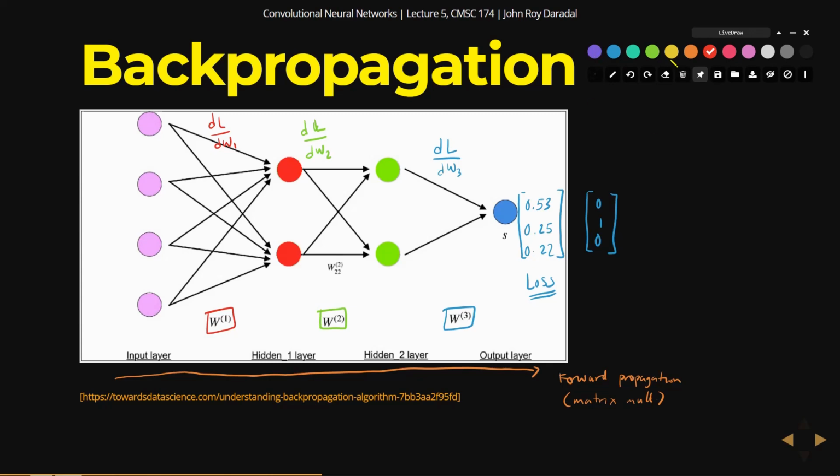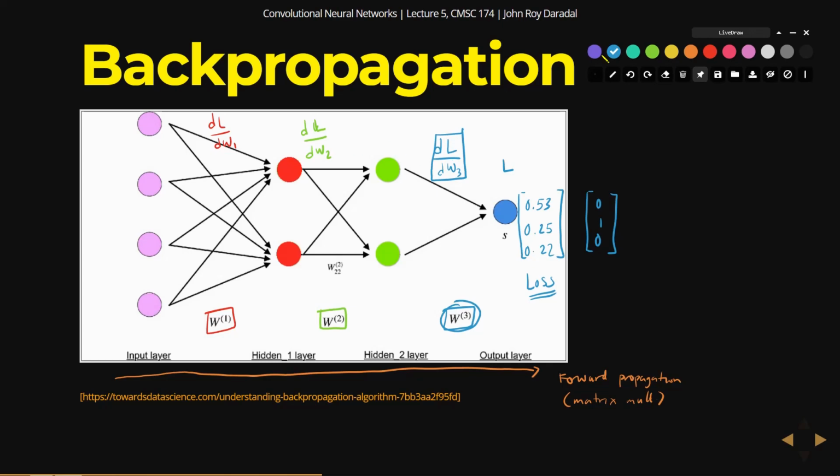So first we'll start at the last layer. So we have the loss, and we have W3 here. So we can take the derivative of the loss with respect to W3 directly. So this is doable. Okay, so we have this gradient, and now we will feed this backwards.